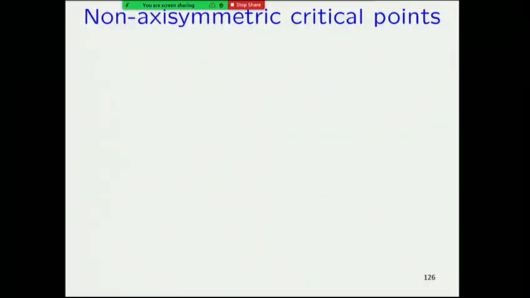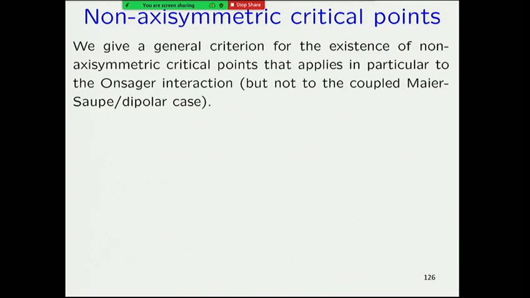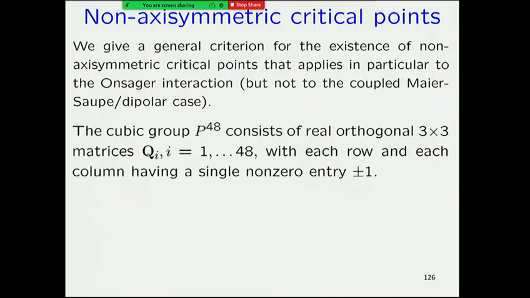Well, now, what about non-axisymmetric critical points? So I'm going to give you a general criterion for the existence of non-axisymmetric critical points that applies in particular to the Onsager interaction, but not to the coupled Maier-Saupe dipolar case. Now, to do this, I'll call it the cubic group.